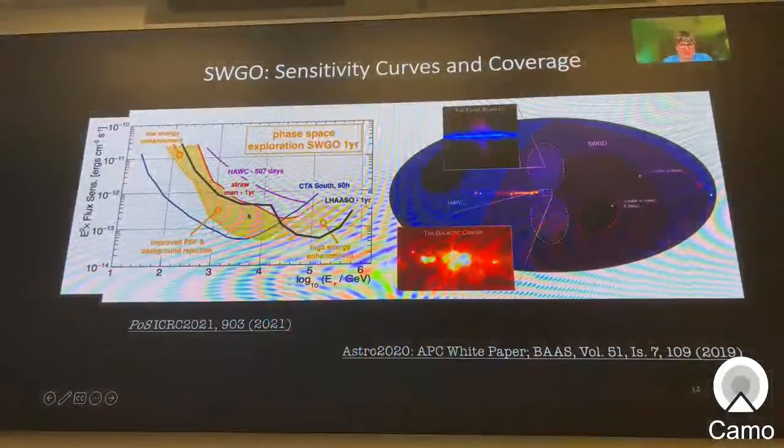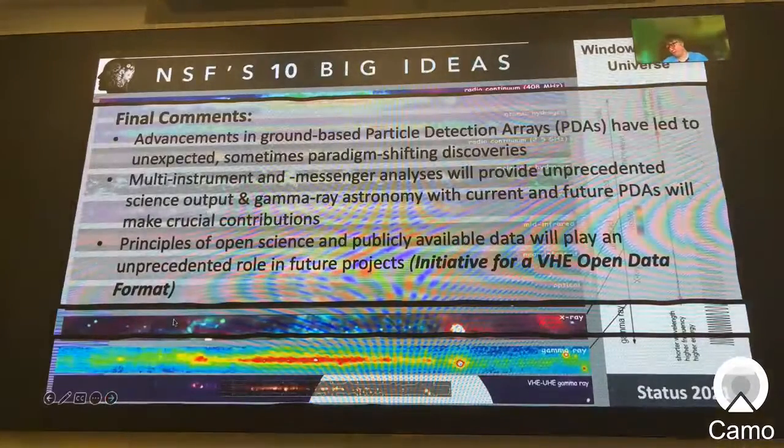The sensitivity curve here shows the overlap with CTA is in the same range as with the current projects in operation. Anyway, I think final comments: ground-based particle detection arrays have led to unexpected, sometimes paradigm-shifting discoveries.